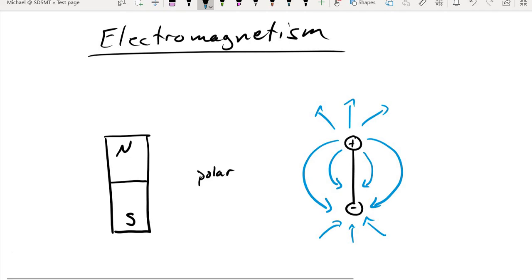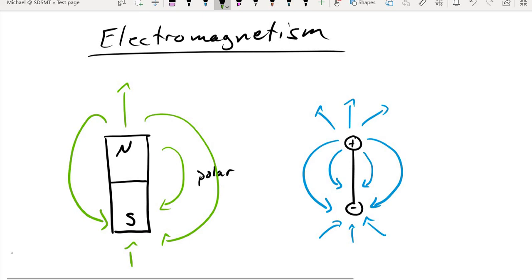Well, it's a very similar picture with magnets. And we're going to see our magnetic field lines being produced in pretty much the same picture. I'll try to keep these symmetric here.